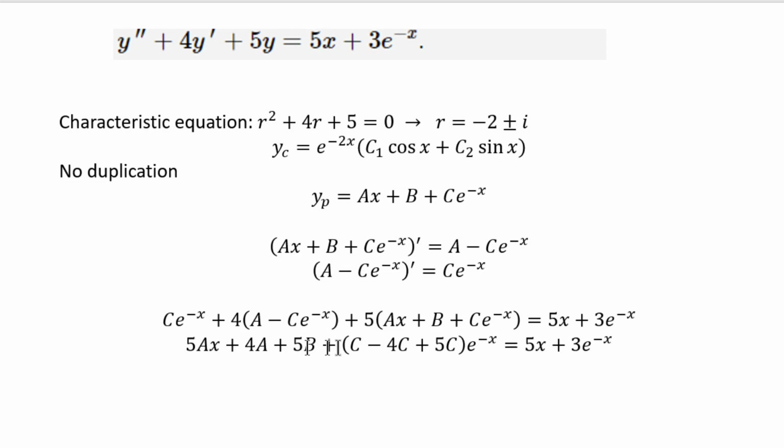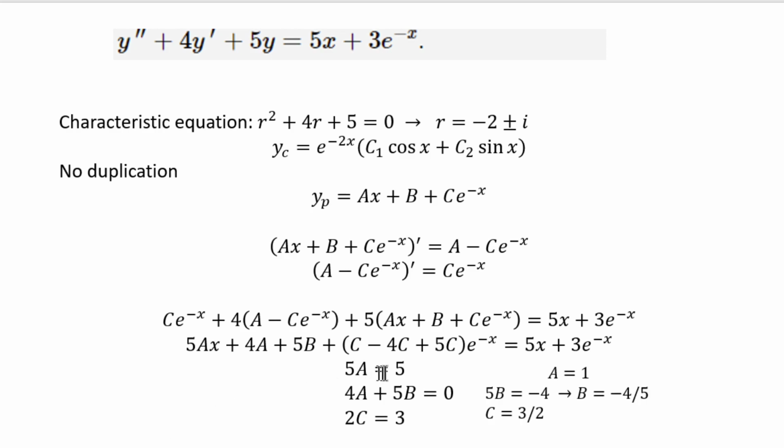Now that the two sides must be equal as functions, 5a must equal 5. 4a plus 5b is the constant term, but there's no constant term here, so 4a plus 5b should be 0. And this, if you simplify, is just 2c, and 2c should equal 3. Therefore, we get the following system of equations, which is pretty easy to solve.